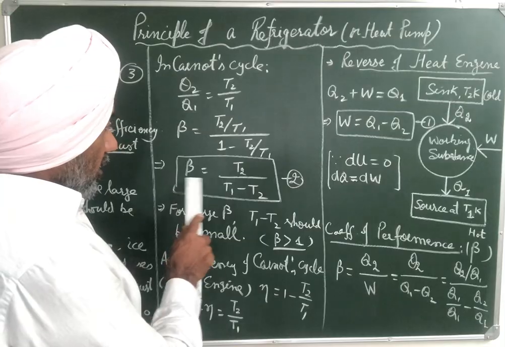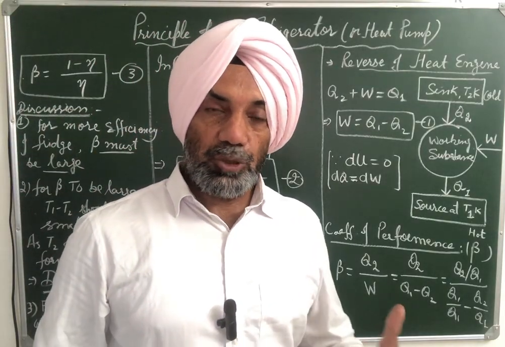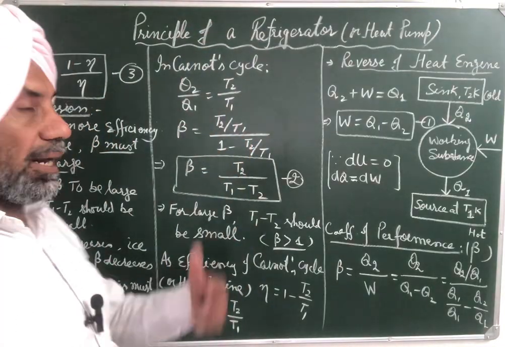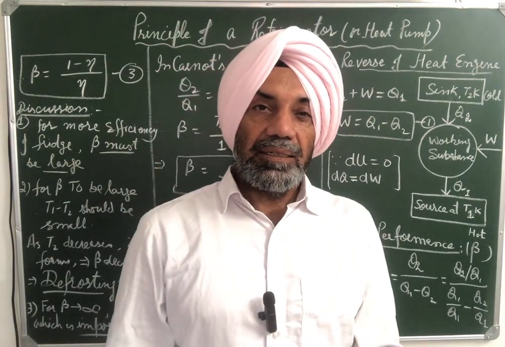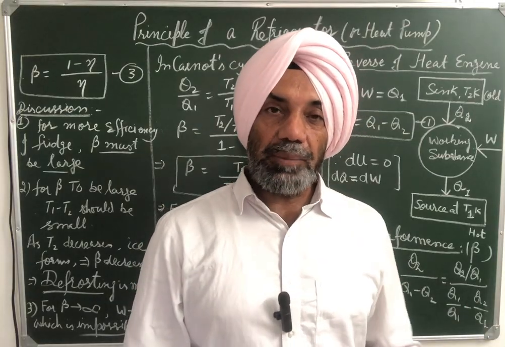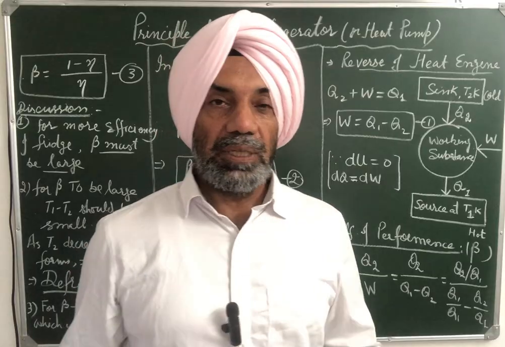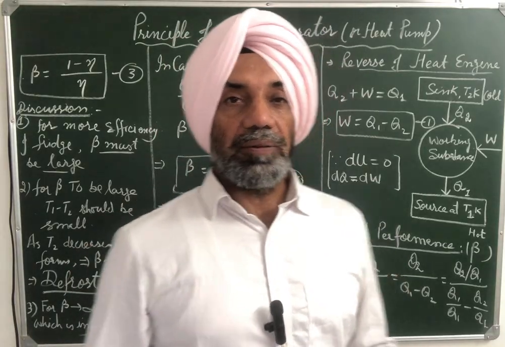So for beta to be large, for the fridge to be more efficient, T1 minus T2 should be as small as possible. That is, the difference in temperature of the objects placed inside the fridge and outside the fridge, that is the room, should be small.